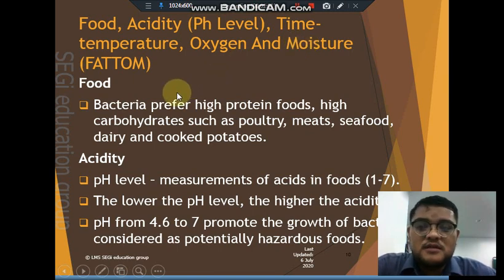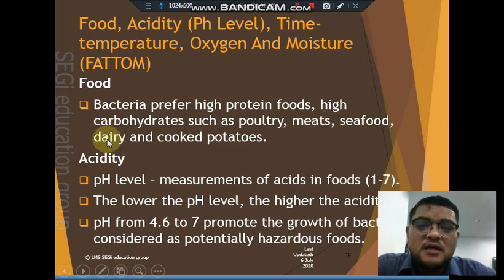The food itself, if it contains high protein, you will find that the food will easily get spoiled. For example, poultry items such as birds and chicken, and also meat items, seafood items, dairy products.